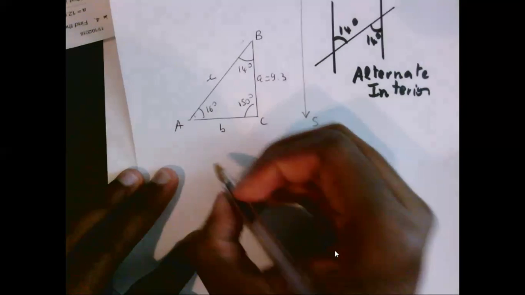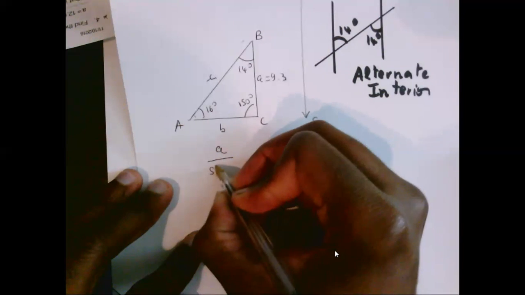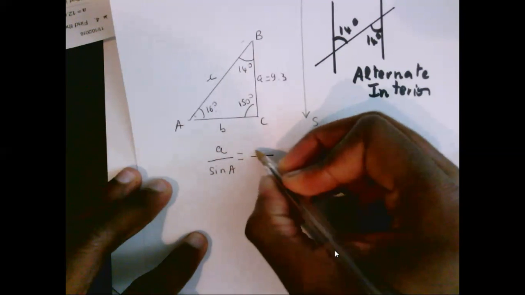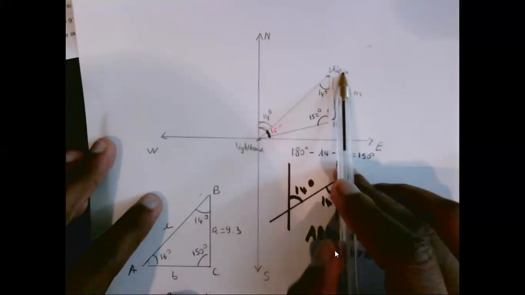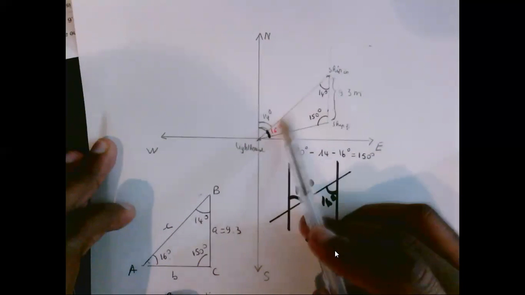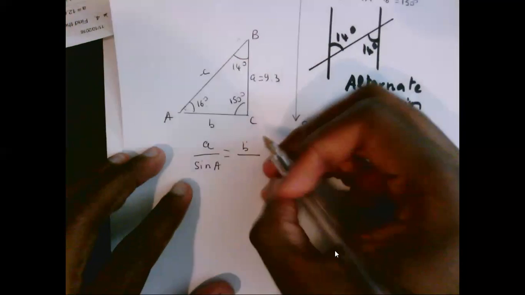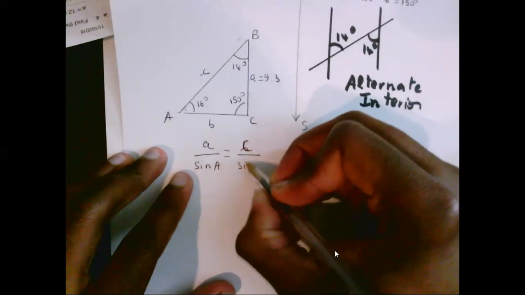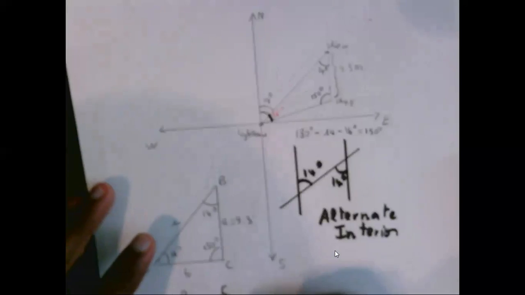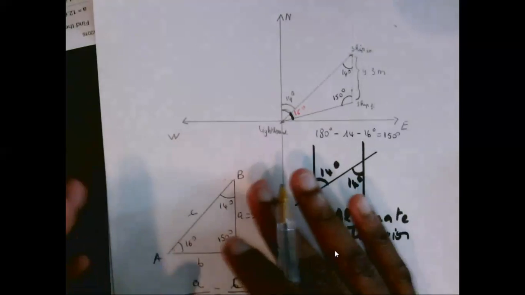According to the law of sines, I know that a divided by sine of A equals c divided by sine of C. I'm looking for the initial distance of the ship, from here to here, and that's the same as that length here. Let's call it c. Actually, what I did is redraw everything on that side to make it look like a triangle and work easily with it.